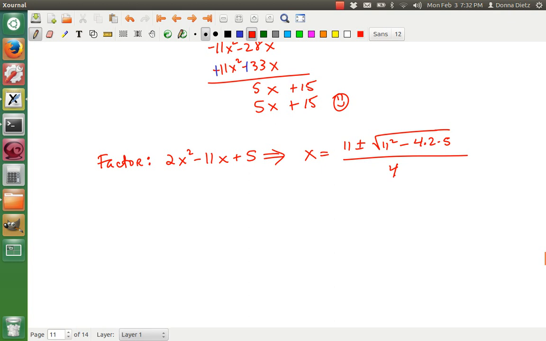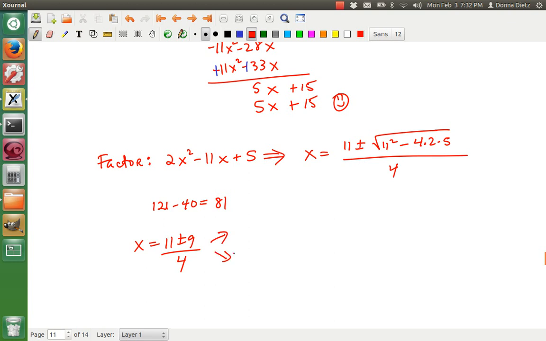Okay, so that's 121 minus 40, right? 121 minus 40 is equal to what? It's actually 81. So that whole mess is just the square root of 81, so it's 9. So x is 11 plus or minus 9 over 4.